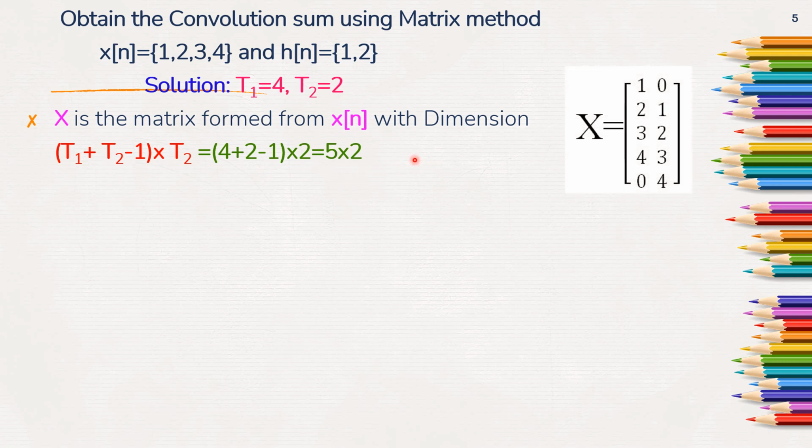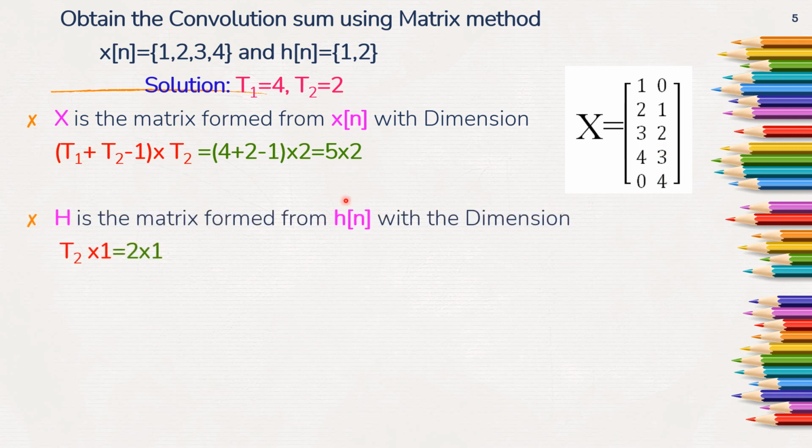So see here, since there are only 4 elements, 1, 2, 3, 4, the last element is 0. The second column is obtained by shifting one element down, so it is 0, 1, 2, 3 and 4.